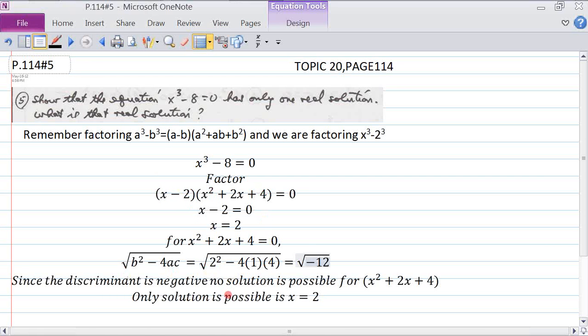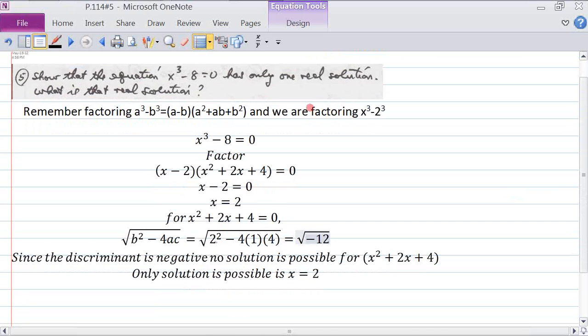When we say that there's no solution, there's no value of x that you can find that will make this equal to 0. With a root sign or without a root sign, there's no integer, there's no irrational solution for this. Okay, so there's only one solution available.